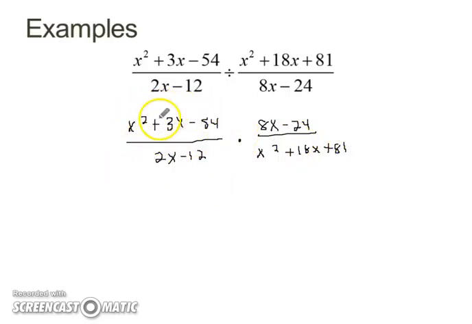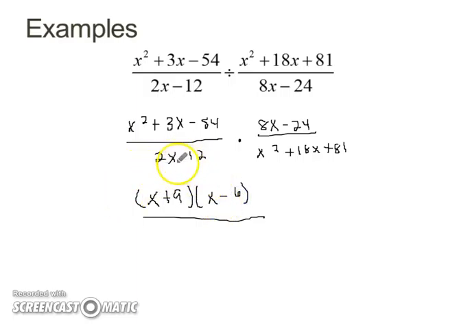So this trinomial factors to two binomials, x and x. Since it's a negative 54, we'd have to have, so 6 and 9 multiply to get to 54.